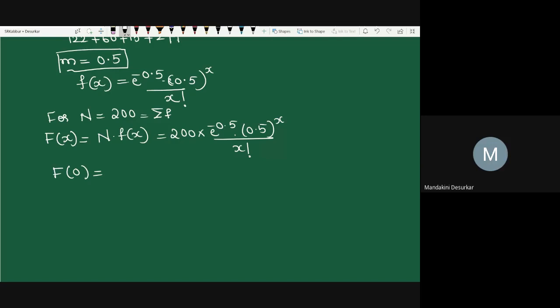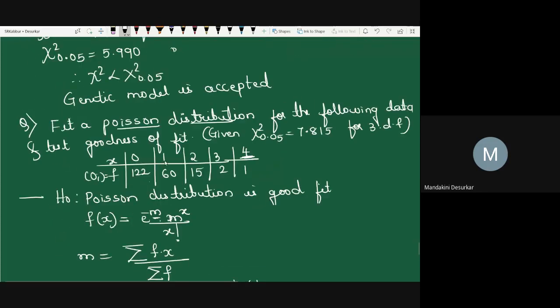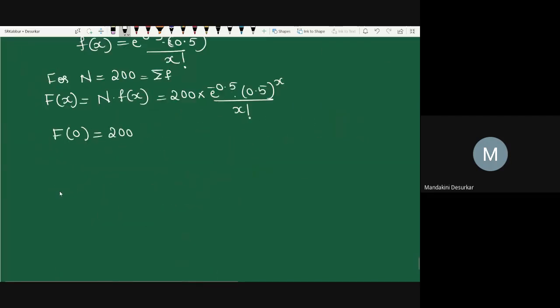Now calculate it for 0. Why am I finding it for 0? Because I am finding the expected value for 0, then 1, 2, 3, 4. So for 0, check what is the answer. I have got the answer to be 121.3061. So it is approximately 121.